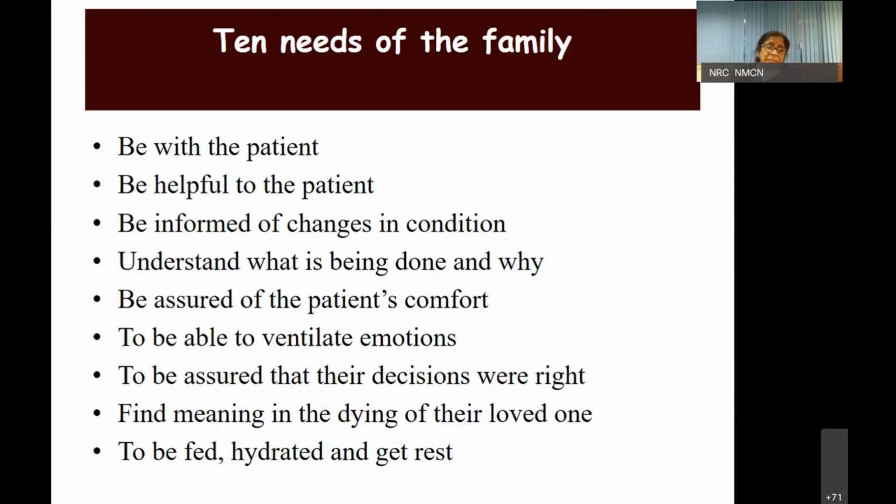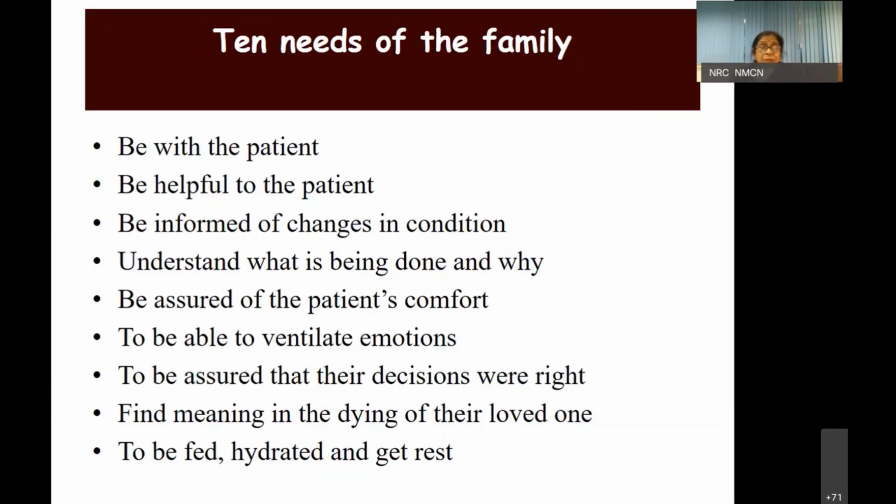And as resident doctors, as consultants, we should ensure that we are trying to make the patient as comfortable as possible. We should also be in that position that we are allowing them to ventilate their emotions. After all, they are burdened with the fact that they are losing somebody who's very close to them.